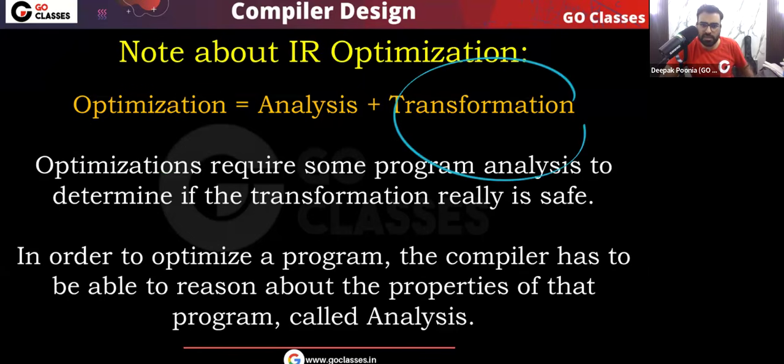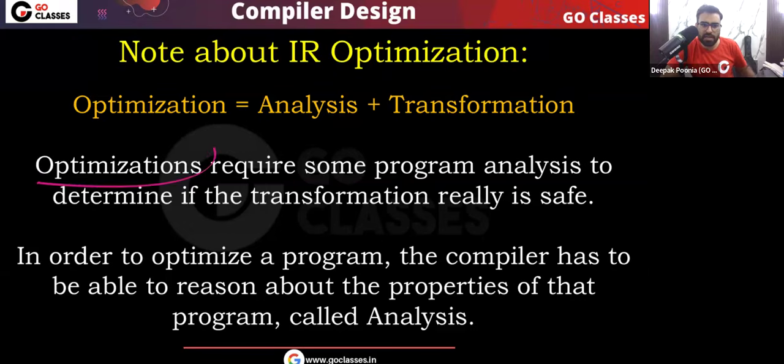Before doing transformation, we need to analyze the program. It's common sense. If you are transforming your program from one form to another, doing the transformation of the intermediate code, then first we need to do the analysis of the program. Otherwise, maybe your transformation will be wrong, maybe your transformation will not be safe.